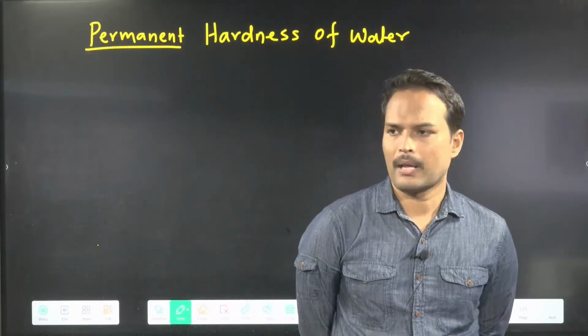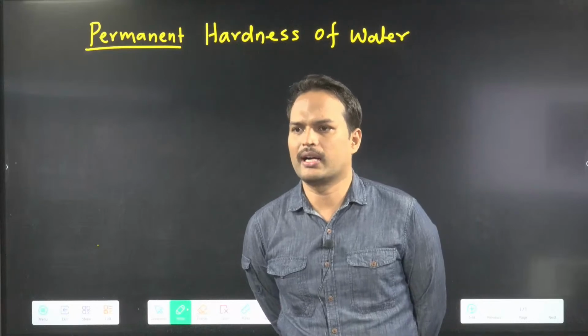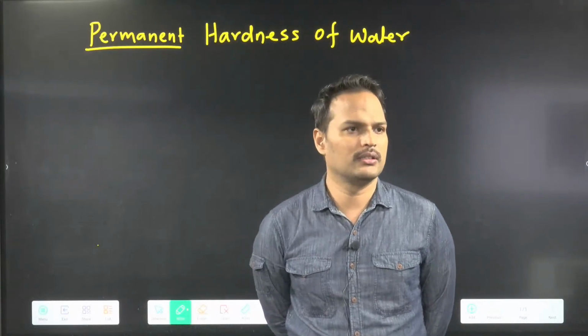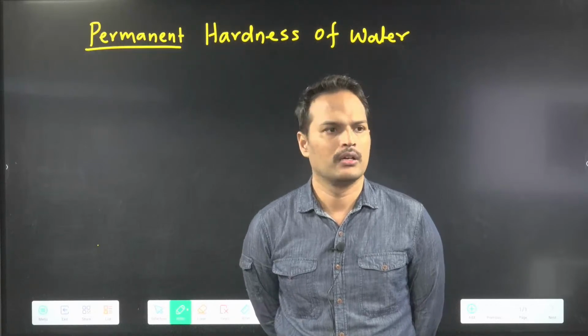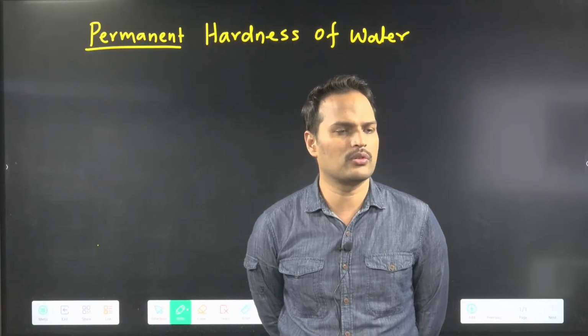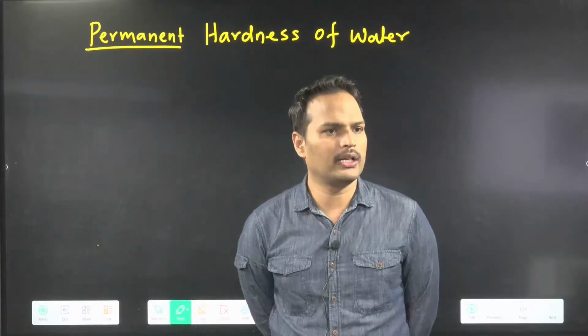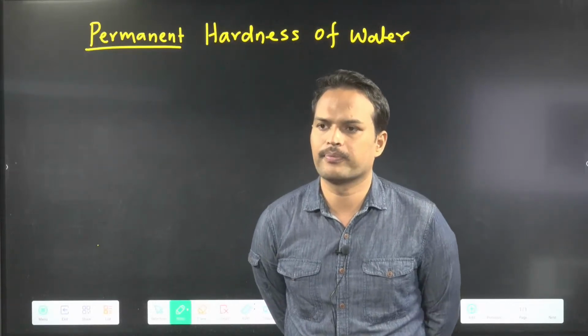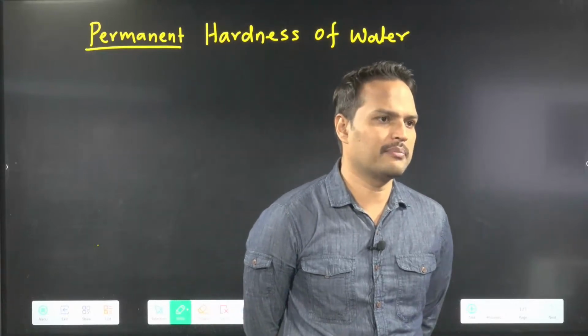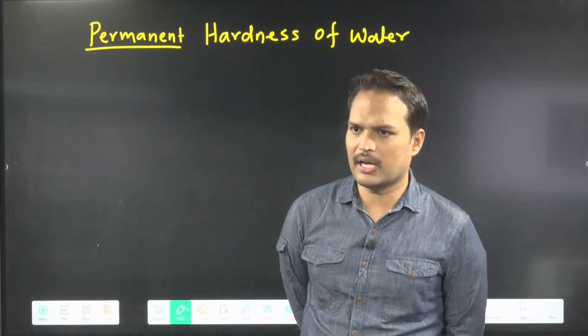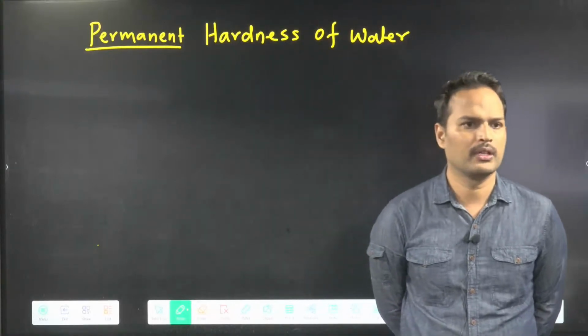Hardness was due to soluble salts of calcium and magnesium. Which salts we were talking about? So we said bicarbonate, chloride, and sulfate. Means calcium chloride, magnesium chloride, calcium sulfate, magnesium sulfate, calcium bicarbonate, magnesium bicarbonate.